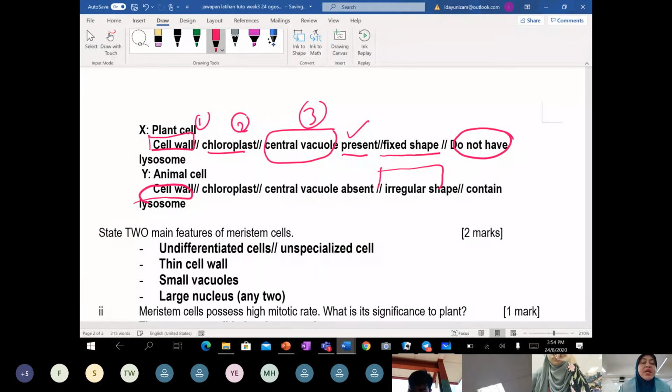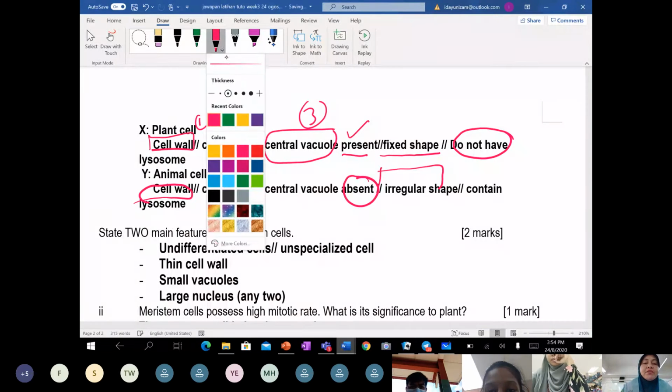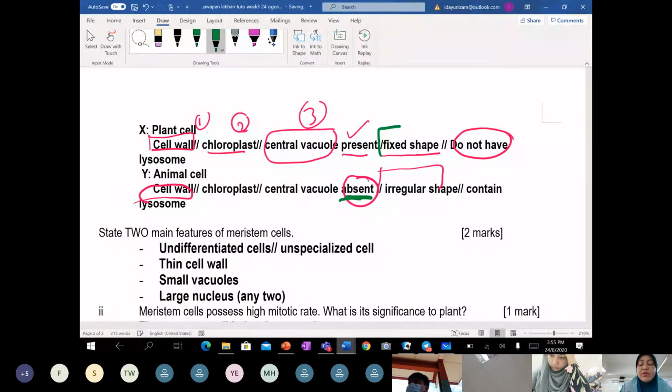Vice versa means, if the plant cell has a cell wall, then the animal cell has no cell wall. Absent, this one. And if the plant cell has a fixed shape, the animal cell will have an irregular shape.